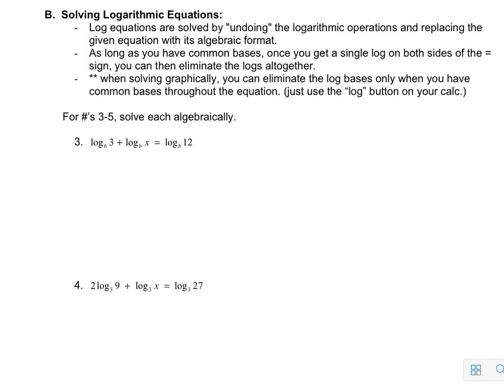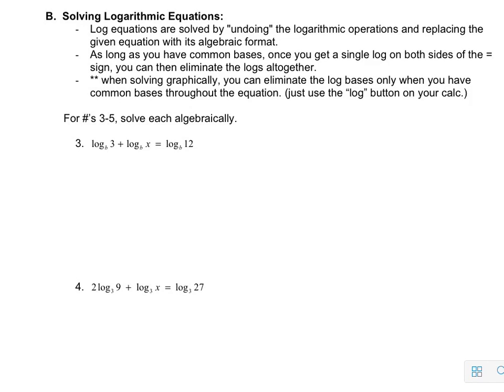Alright, that's a mouthful. So let's go over that by actually doing one. First thing, let's check. Do we have a common base? Yes, we do on both sides. So I've got to get the left side down to a single log. It's addition, and in the world of logs, addition means multiplication. So we're going to write it as log base b of 3x equals log base b of 12.